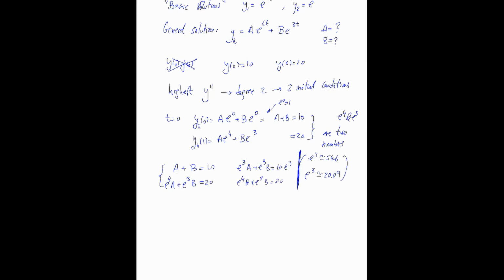I put e to the 3 on the right hand side, usually e to the 3 times 10. I prefer to write 10 times e to the 3, but it doesn't matter. Now we subtract the second equation minus the first, and we get e to the 4a minus e to the 3a, and the e to the 3b goes off, 20 minus 10 times e to the 3.